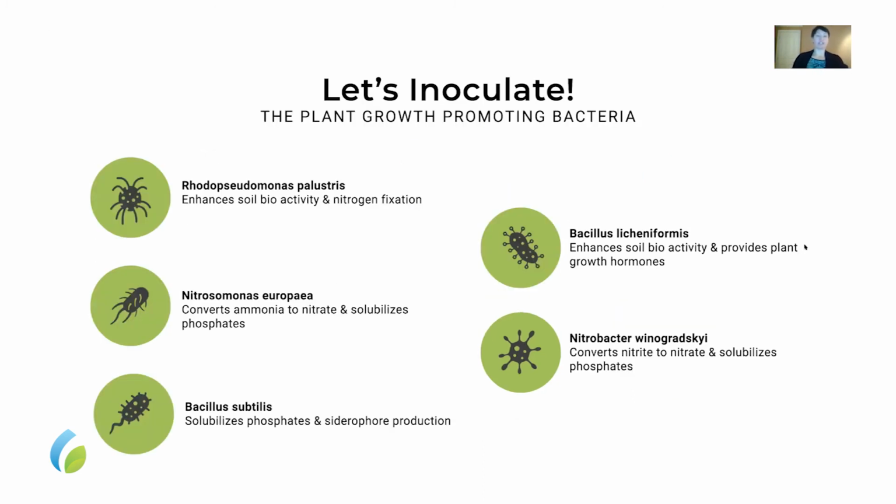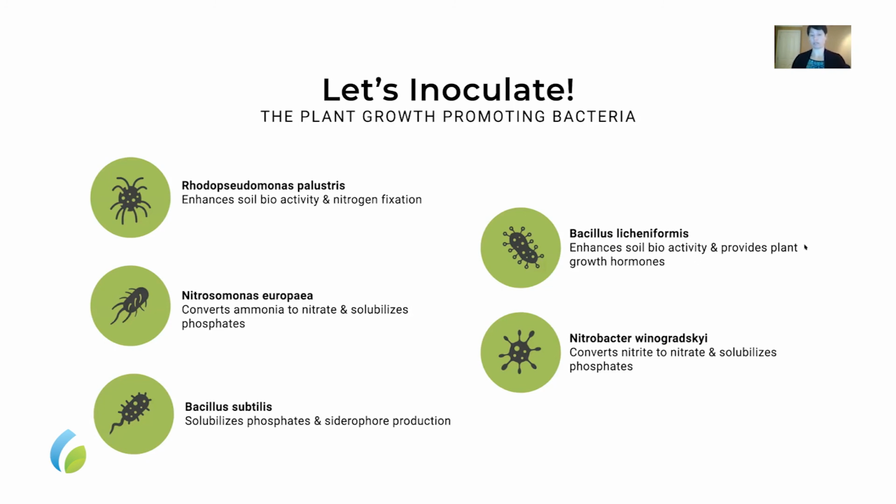So specifically, when we look at this, we have the Rhodopseudomonas and the Bacillus licheniformis, which actually enhance soil bacterial activity. So these are the guys that are going in there. They're going to be degrading, and then allowing for the promotion of additional growth of bacteria through the production of broken down materials from the plant. This in turn allows these other guys to do their job.